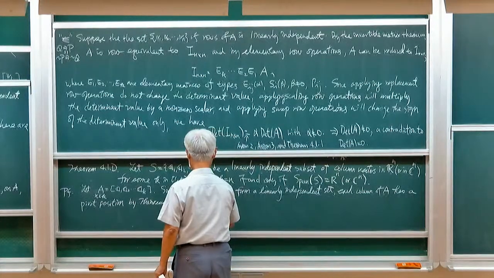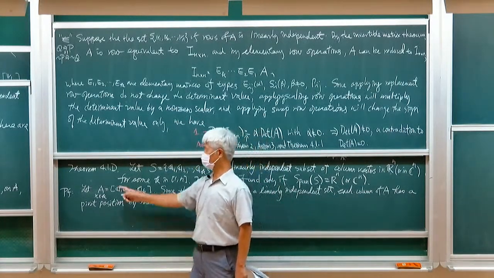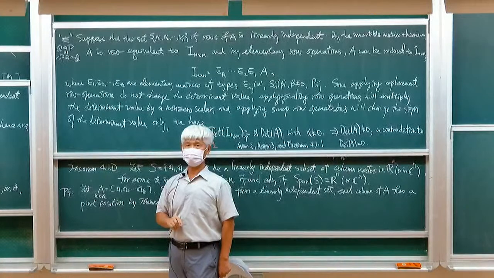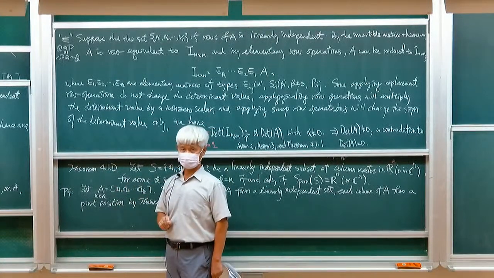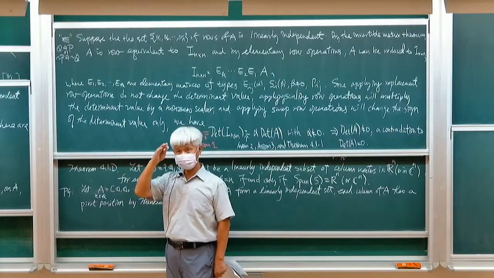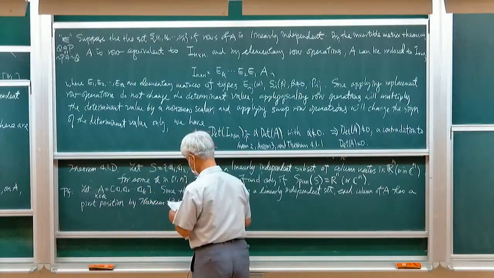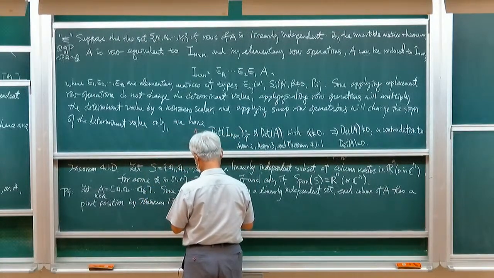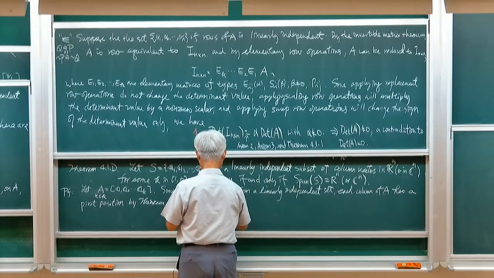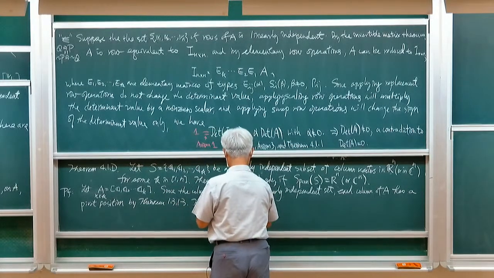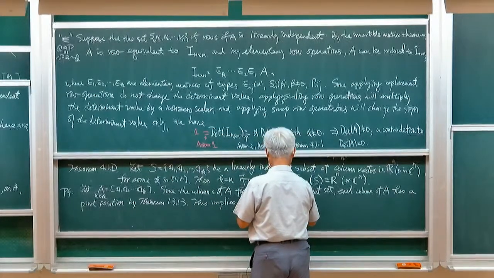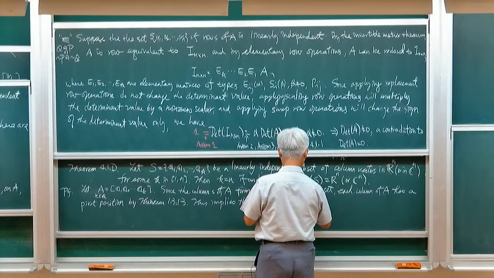Now, how many pivots do we have? Every column has a pivot, so we have only k pivots. If we have only k pivots but we have n rows, then only the first k rows have a pivot position in the row echelon form.